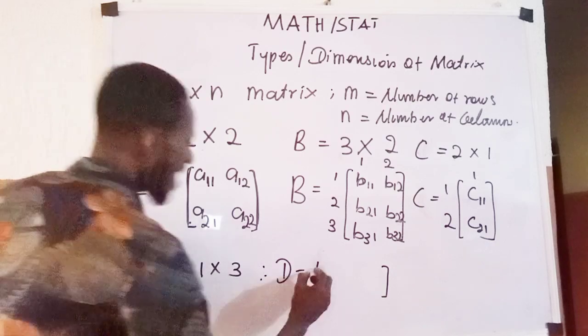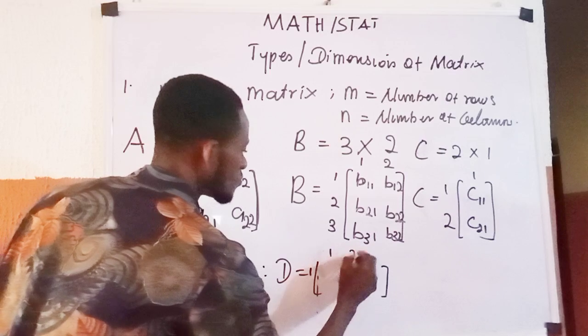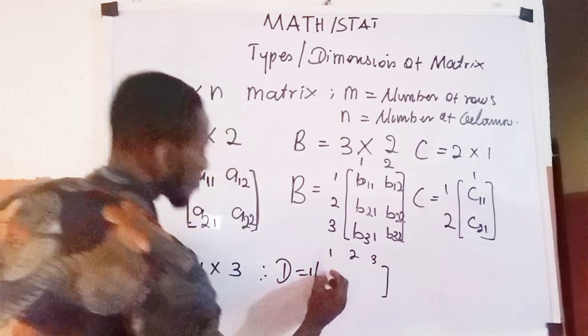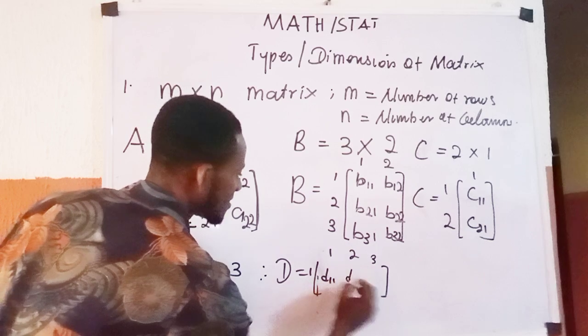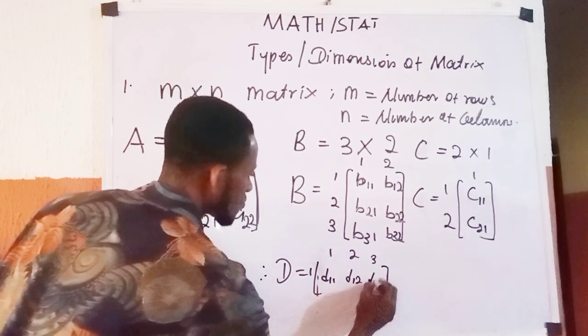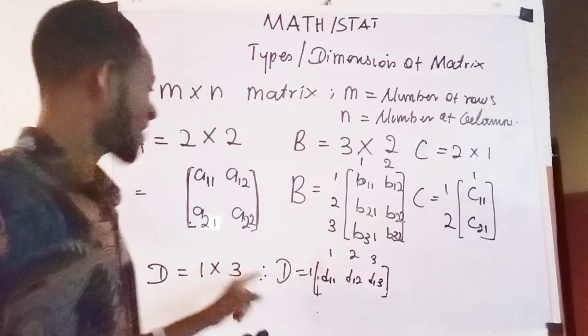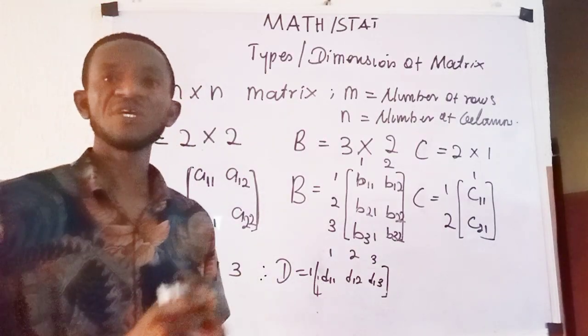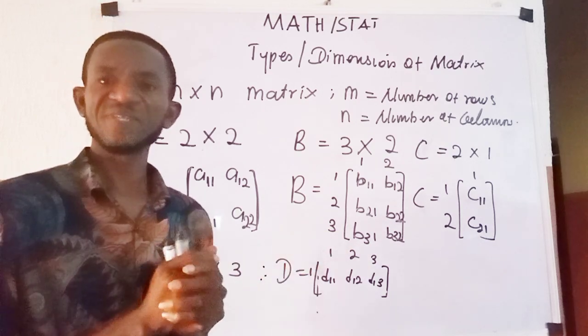How many rows do you have? 1. How many columns do you have? One, two, three. You come here and write your D. Position is 1, 1. Write D, row 1, column 2. Write D, row 1, column 3. And this is a 1 by 3 matrix, which we usually call a row matrix.